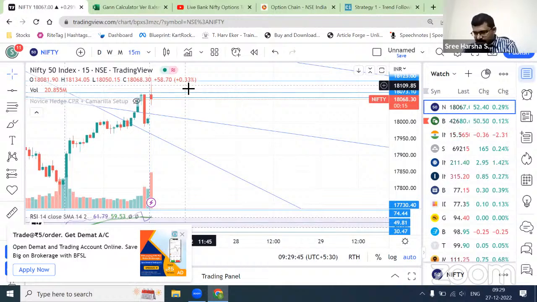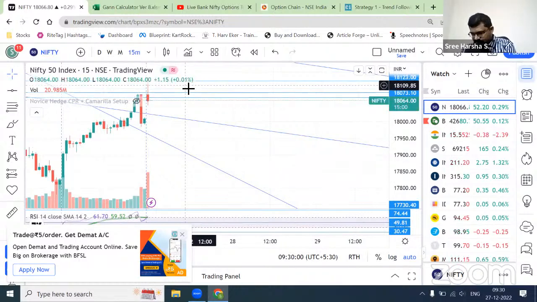So let me start looking at the options. It needs to hold here, or else it may actually come down. Let's see.